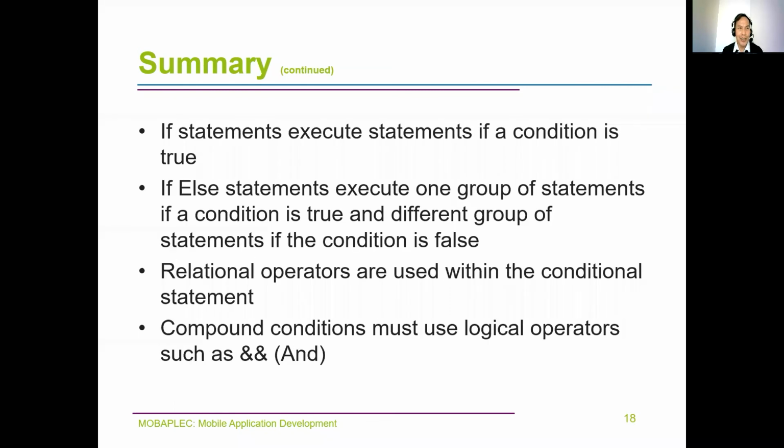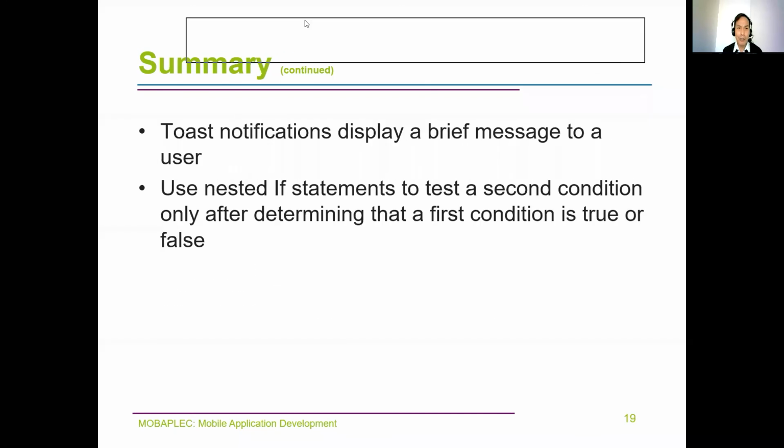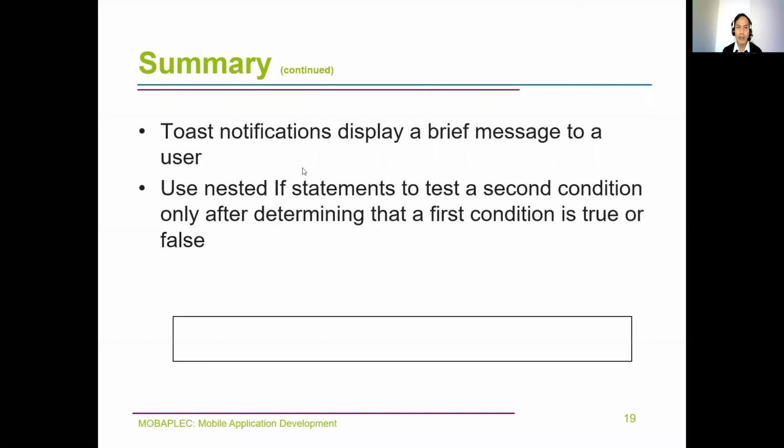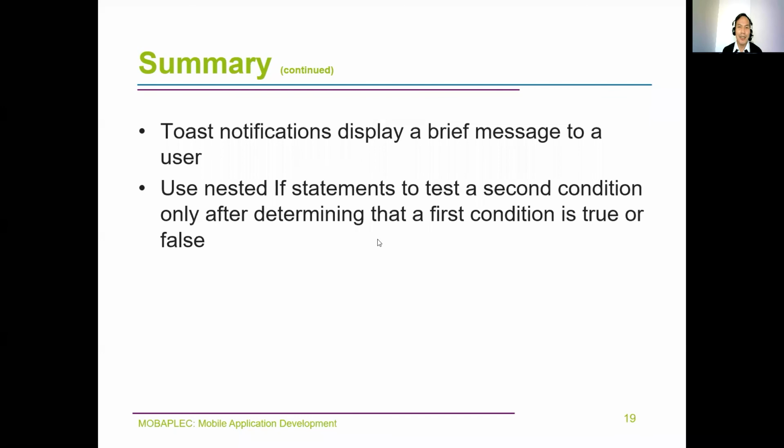Now in this part 2, we discussed the conditional statements, which are if for the condition, if else, relational, and compound conditions. Those are the summary of this lesson. It's actually a continuation. The last one is the summary for the toast notification, displaying a brief message, and a nested if statement based on the given condition.